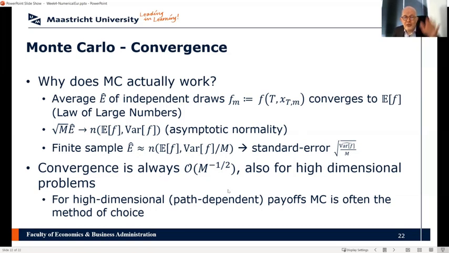So what's the Achilles heel, but also the powerful point of Monte Carlo, is that it always converges with 1 over square root of m type of convergence, and it does not depend on the dimension of the problem. So Monte Carlo does not suffer from the curse of dimensionality.